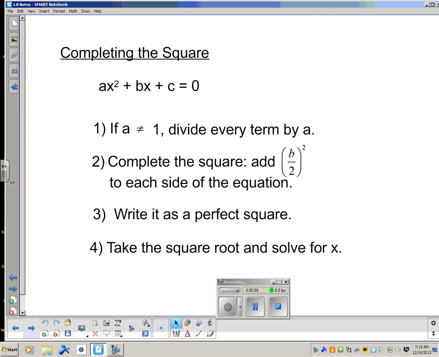So those are kind of the basic steps. We might add another one in there. Perhaps we'll probably end up also subtracting c, or moving c to the 0 side on the right side there. We'll probably do that between steps 1 and 2, so maybe 1.5 there.